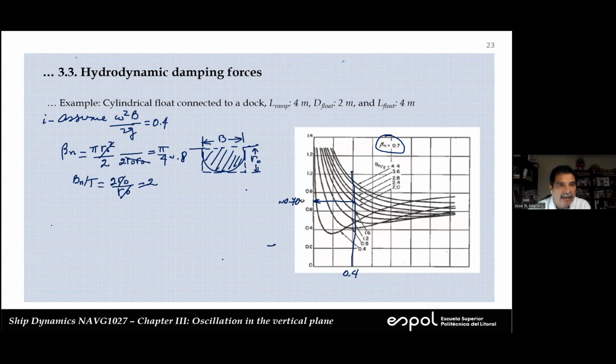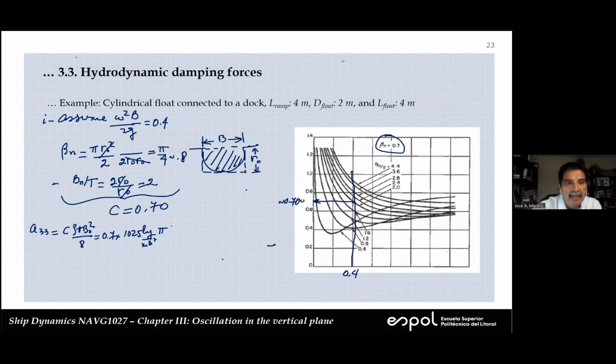Okay, so A33 is C rho pi B N squared over 8. So it's going to be 0.7. Density is 1025, this is seawater. Pi.